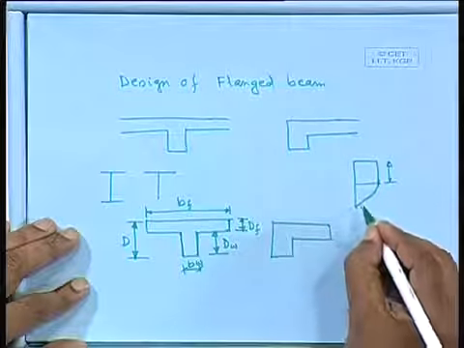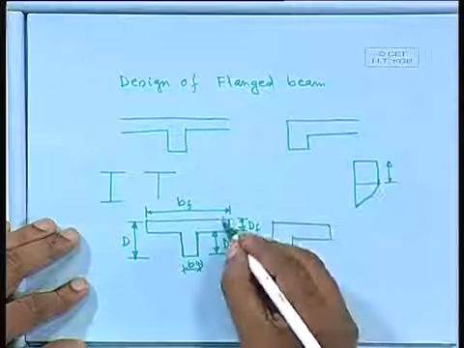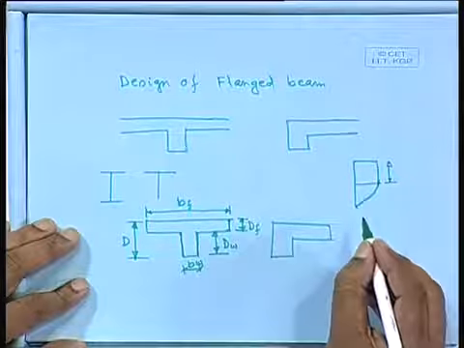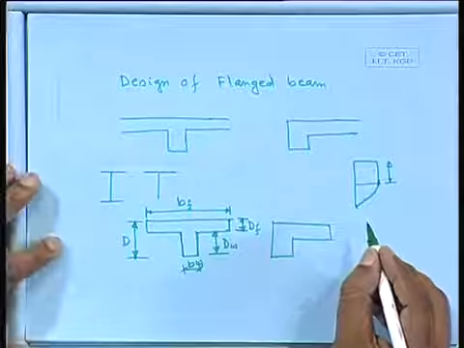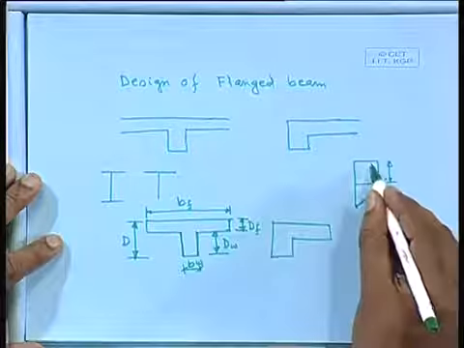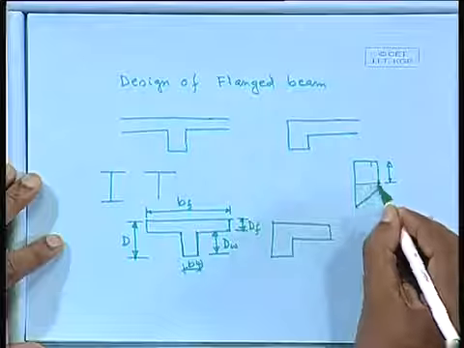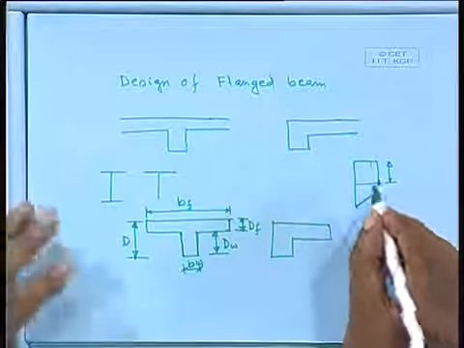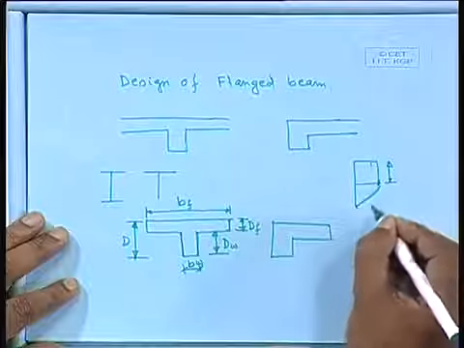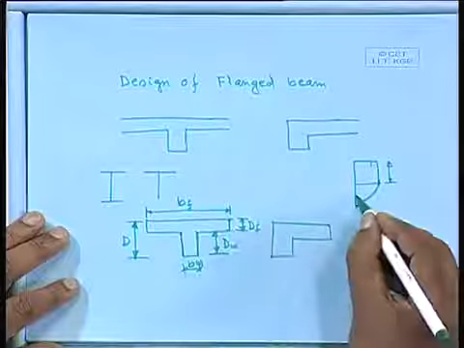It is possible that the whole stress block is within the flange, that could be one case. The other case could be the slab portion of the flange within this zone, that means we are having the constant stress in the whole portion. But the third alternative could be that we are having in between here.